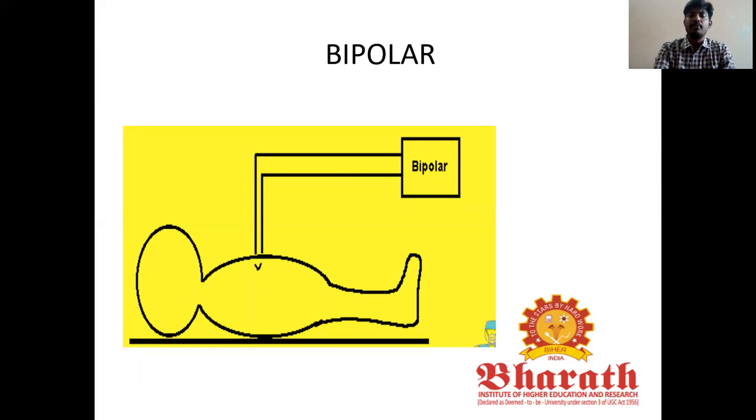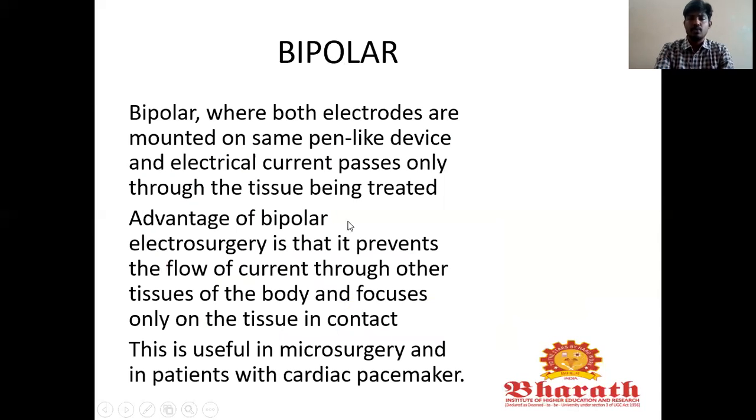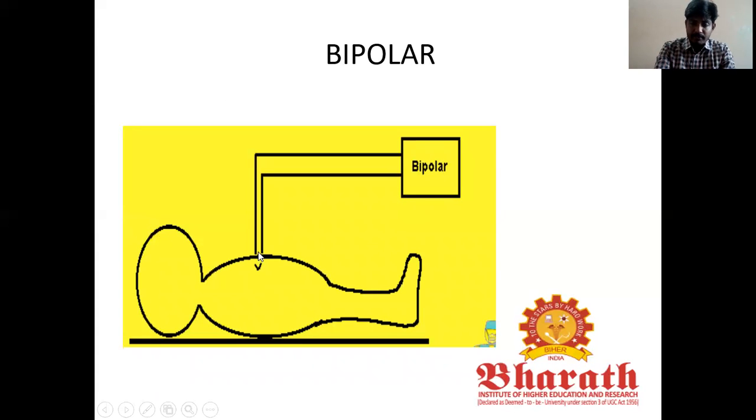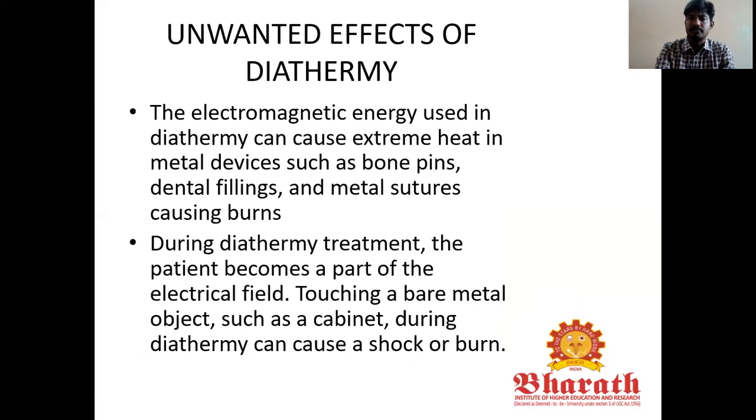In this bipolar type, the two electrodes are connected at the same place. So the pen-like device passes electric current through the tissue. Only the contact electrode passes the electric current. Is it clear for everyone?